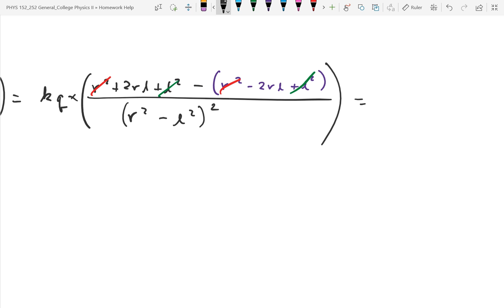Oh, forgot the x hat. What was that? Should that be a 4? Yes, it should be 4. Thank you.